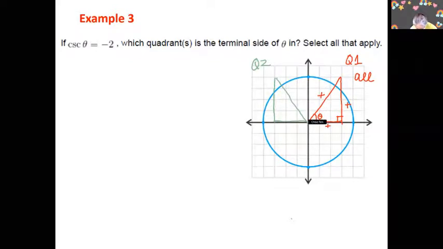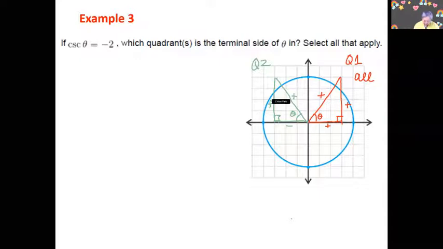The reference angle is inside of the right triangle. This is the right angle. The hypotenuse is positive. But now in this case, the adjacent is negative, but the opposite is positive.